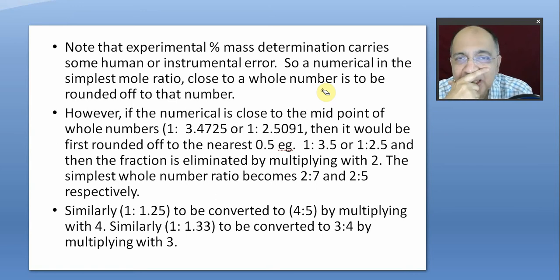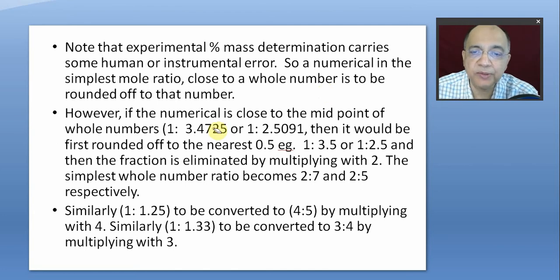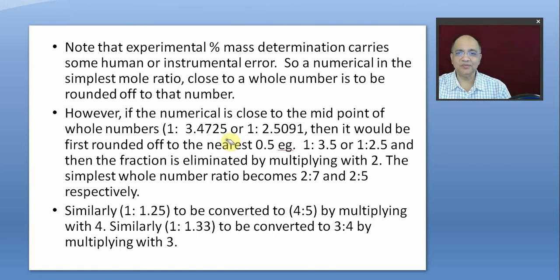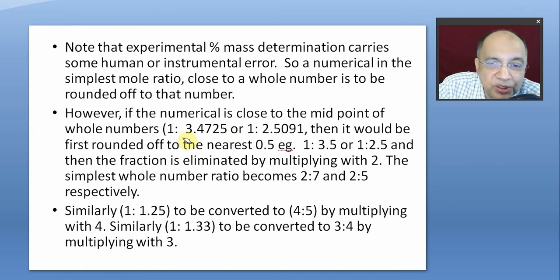But if it is coming midway, for example 1 is to 3.4725, there are two elements and the mole ratio is 1 is to 3.47. This should be rounded up to 3.5.